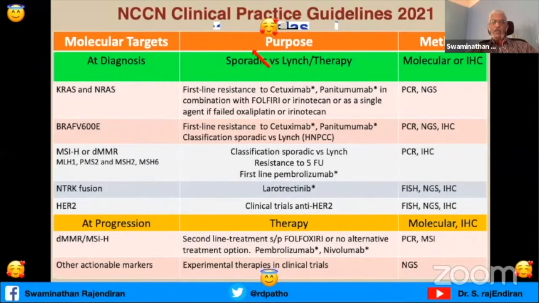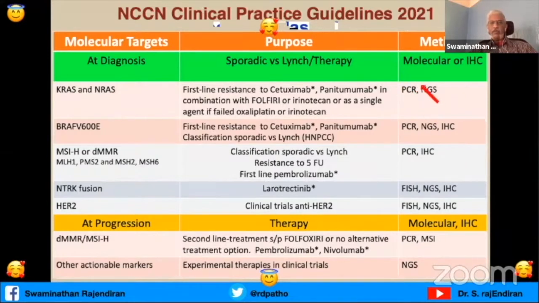So what are all the molecular tests you will do? What is helpful at the diagnosis and at the progression? KRAS or NRAS, BRAF V600E, MSI status, where we do MLH1, PMS2, MSH2, MSH6, NTRK fusion, and HER2. These are the 5 markers you have to do. And this talks about molecular methods.